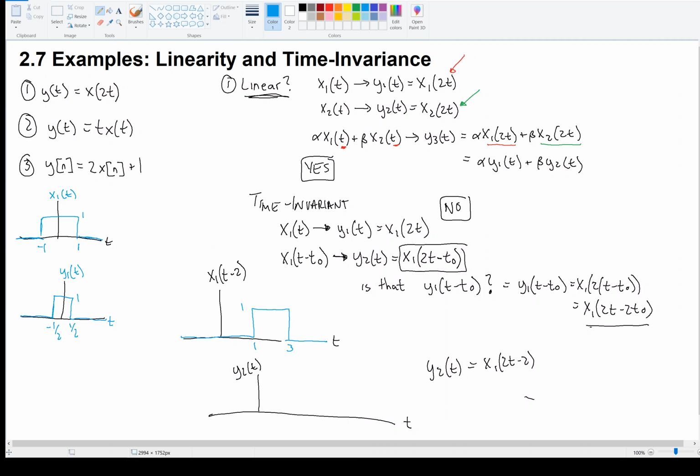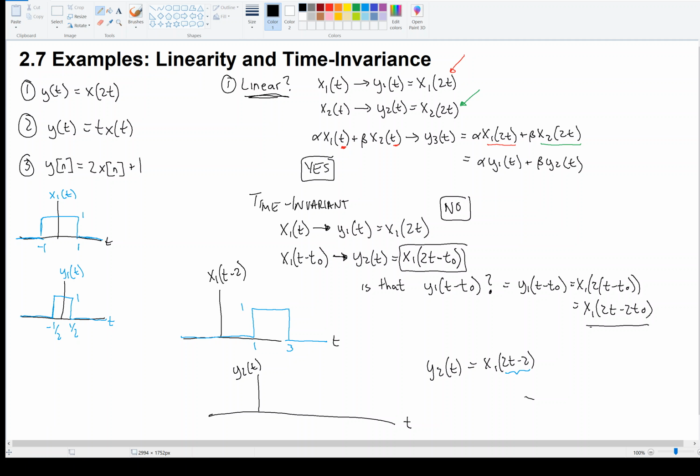So now I'm going to try to find these edges. The original left edge occurs at minus 1. So what value of t do I have to pick so that this curly bracket is equal to minus 1? Well, if I pick 1/2, I think that does it, right? If t is equal to 1/2, then inside the parentheses is -1, and then I have x1 of -1. x1 of -1 is this left edge.